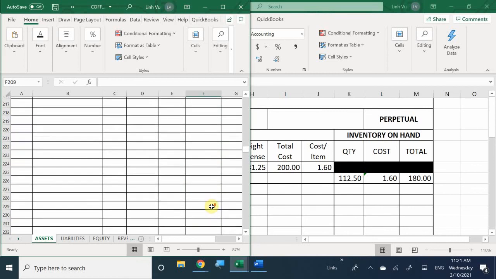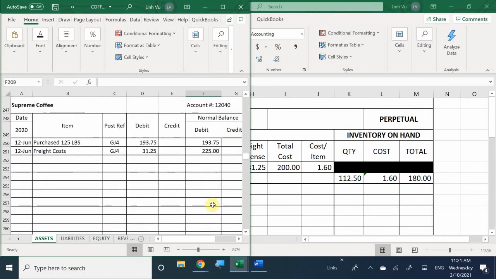So I'm going to update my Supreme Coffee real quick. Once again, General Journal 6, we used 14 pounds, and it was a credit for the $25.20.